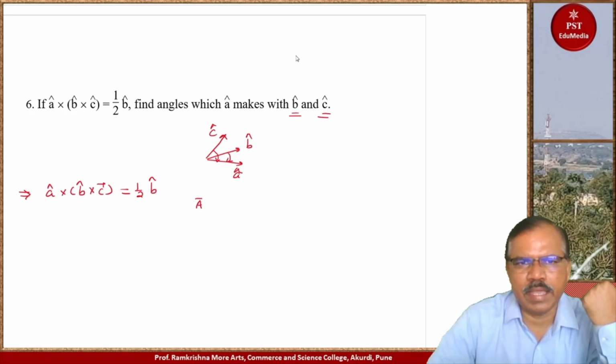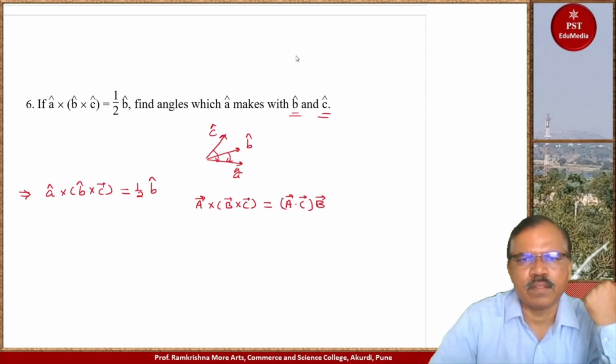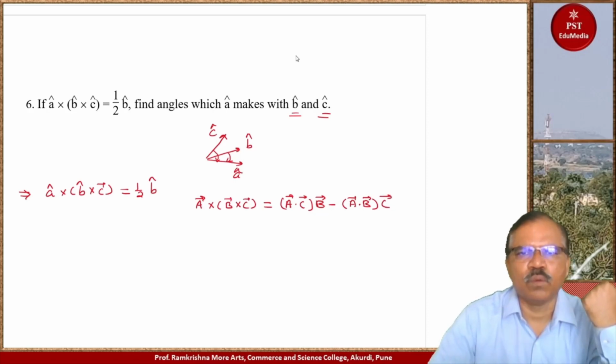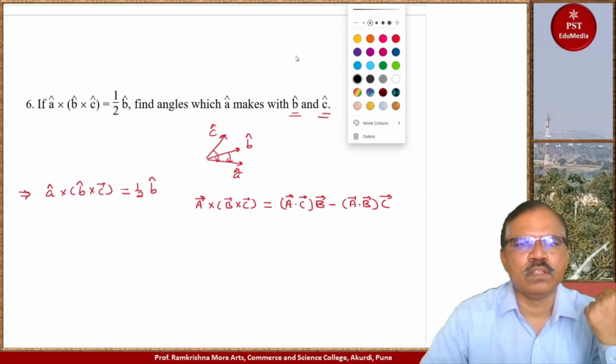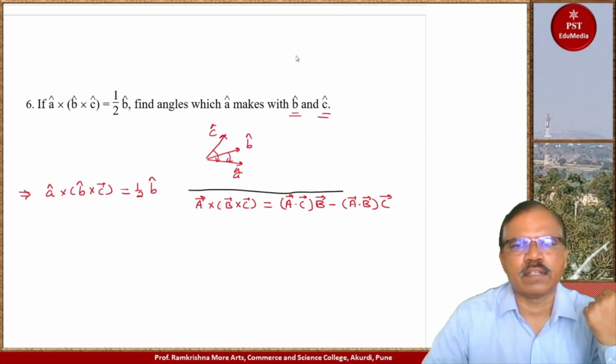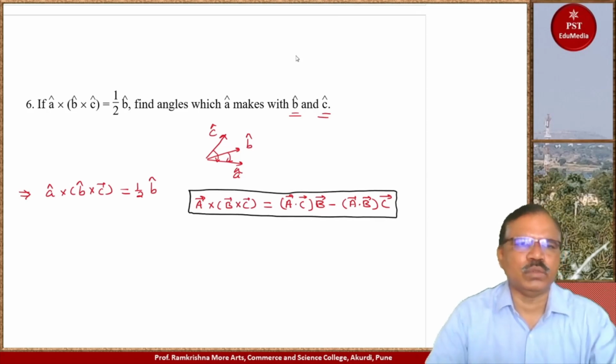If we have A vector cross B cross C, then we write this as A dot C multiplied by B minus A dot B multiplied by C. We can use this identity.